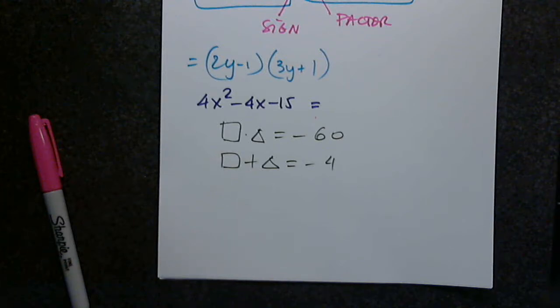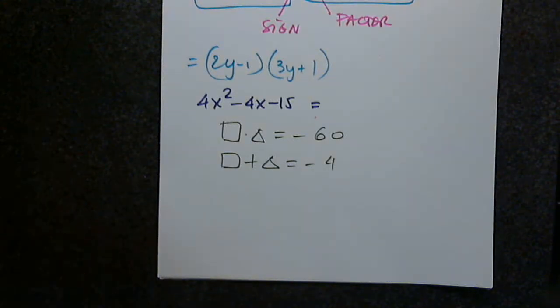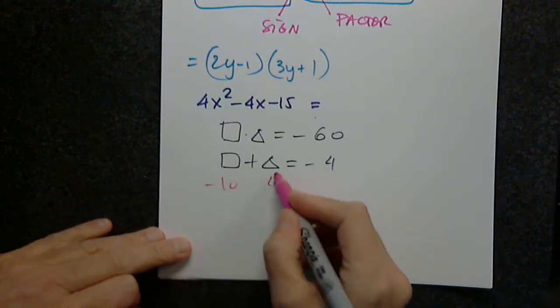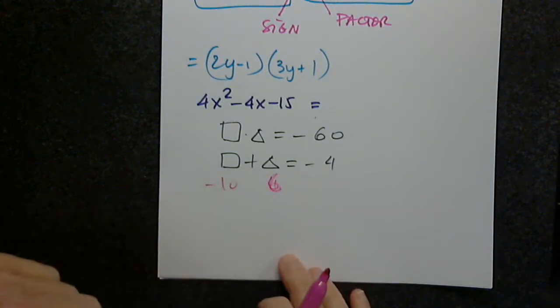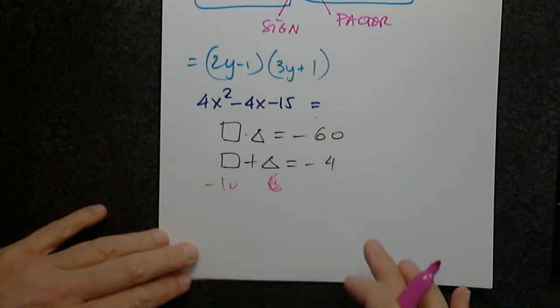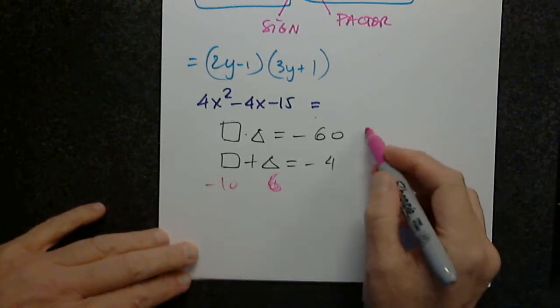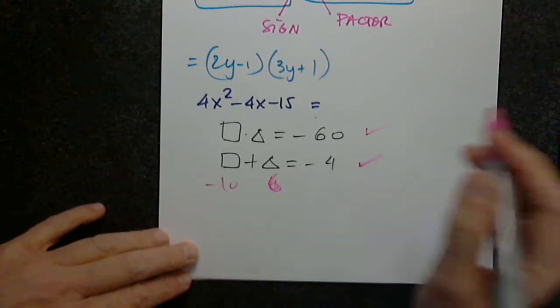So let's find a positive and a negative whose product is -60 and whose sum is -4. -10 and +6, perfect. Please check and make sure that both conditions are fulfilled. This product, yes. Sum, yes.